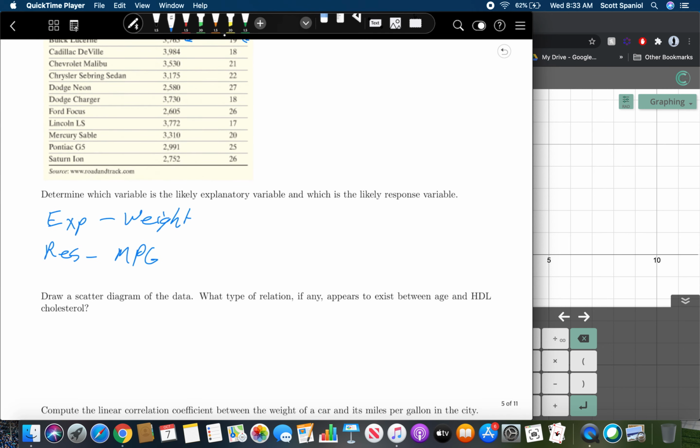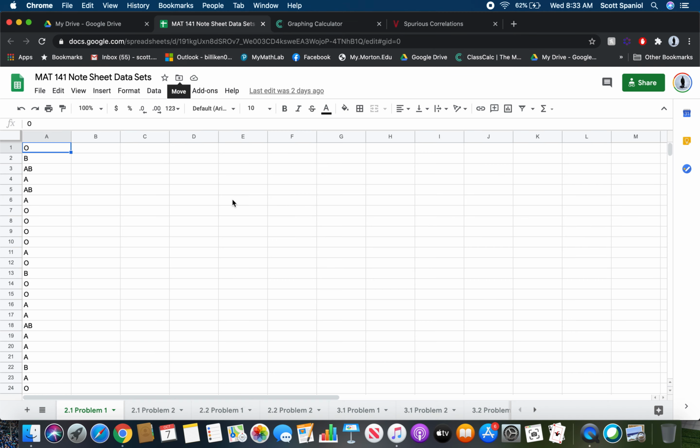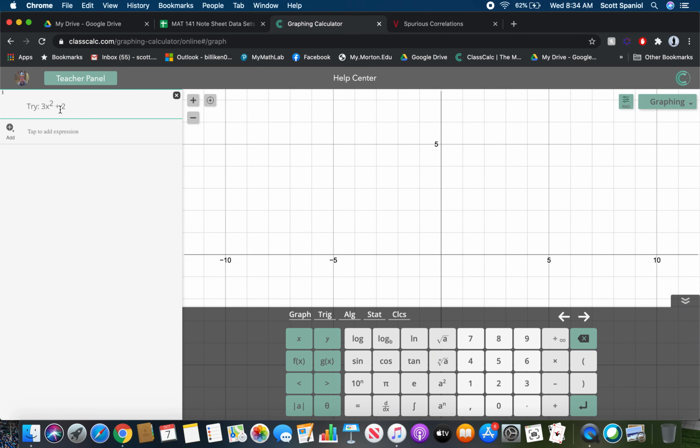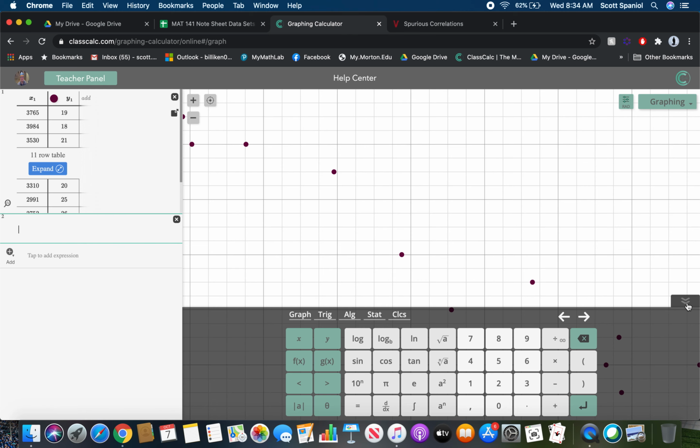Now we want to draw a scatter diagram. This question, what type of relation, if any, appears to exist, you can ignore; that's from a different question. But we can still do it. So let's talk about how to draw a scatter diagram. Like always, this data is in our Math 141 note sheet data set. If I go all the way to the end to 4.1 problem 1, and I copy and paste this data into my graphing calculator, and then hit the little zoom thing in the left corner of that box, it does the rest for me.